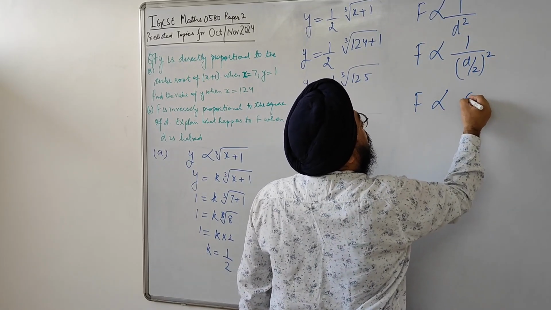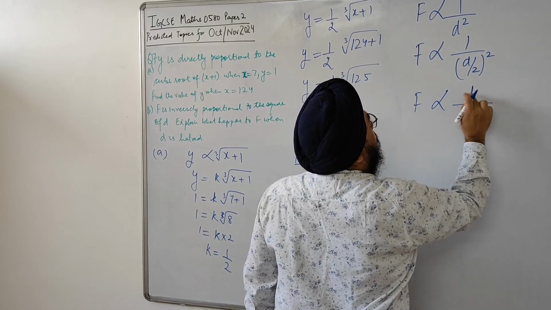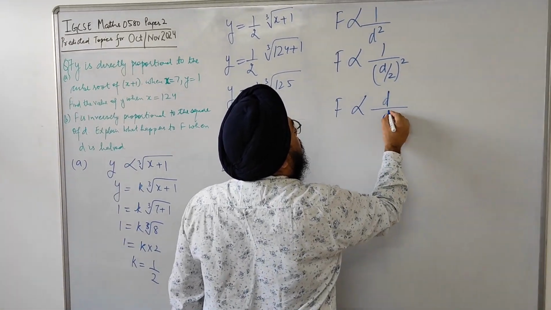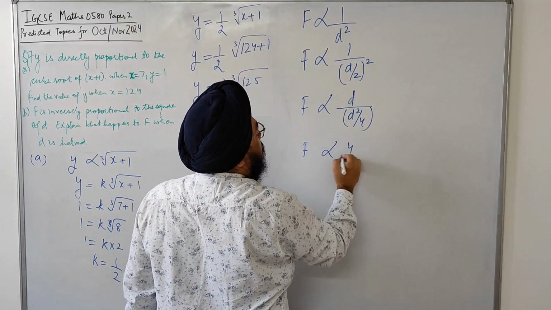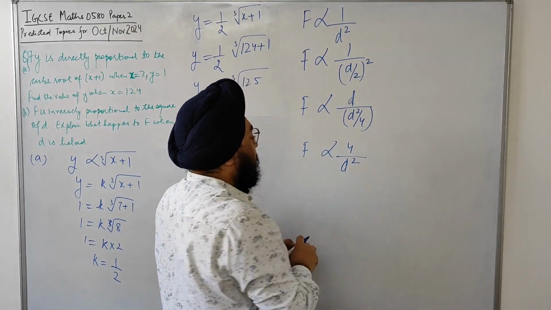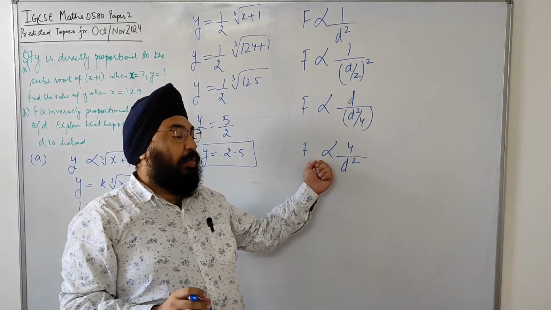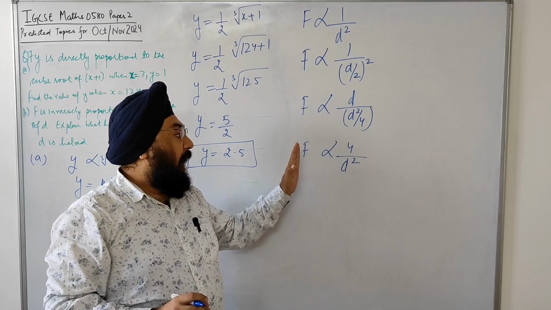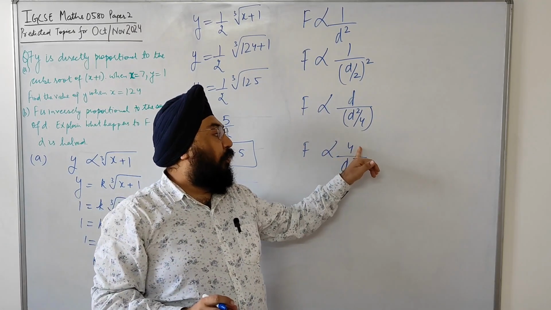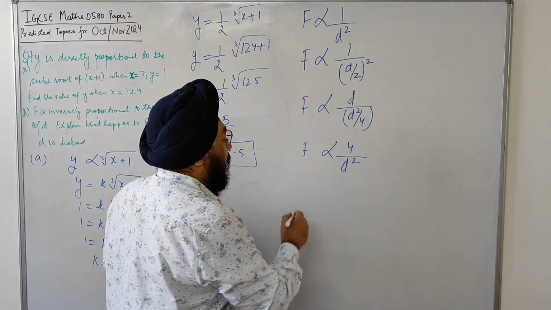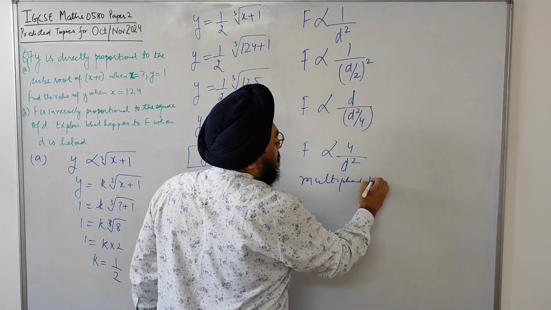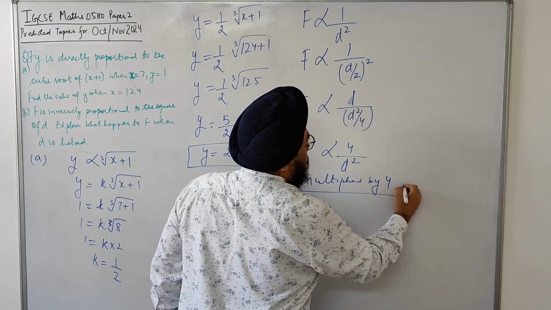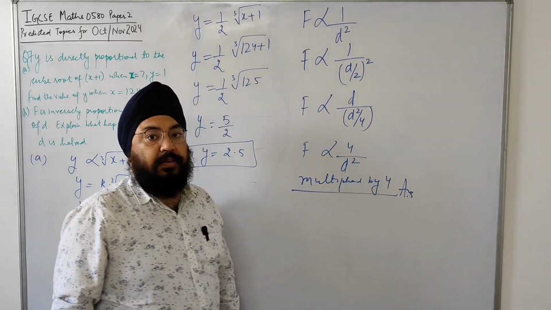F is proportional to 1 upon d square upon 4. F is proportional to 4 upon d square. So we can see that as f is directly proportional, f will be increased 4 times or multiplied by 4. This will be our answer.